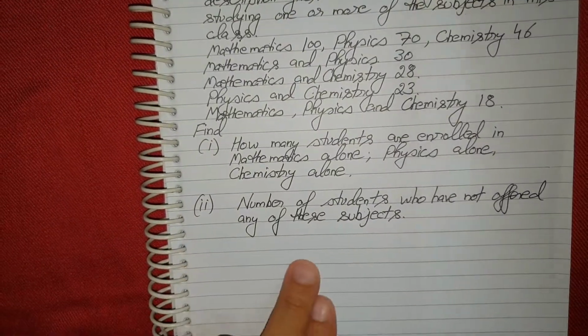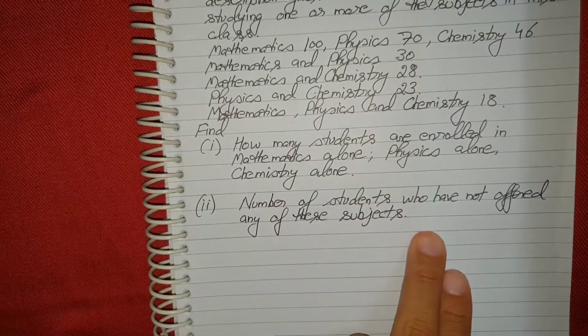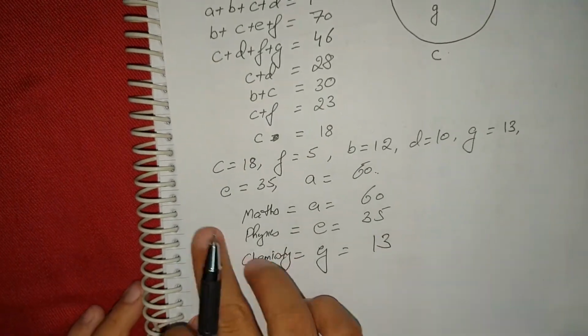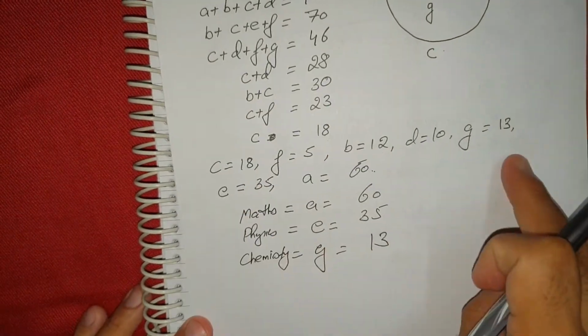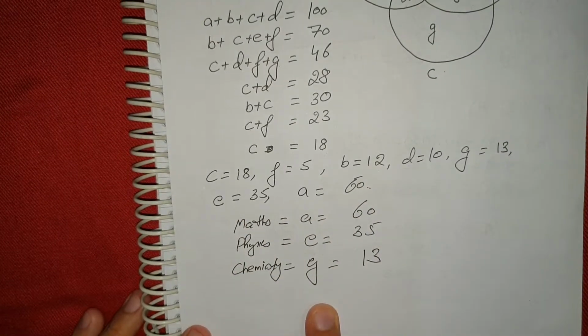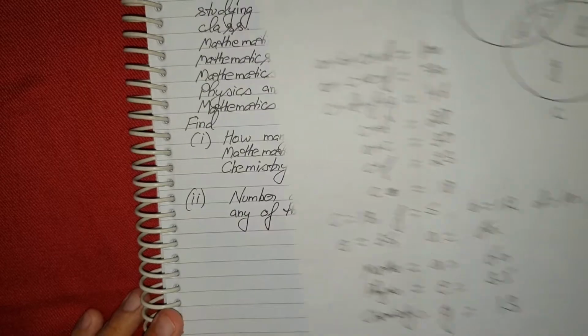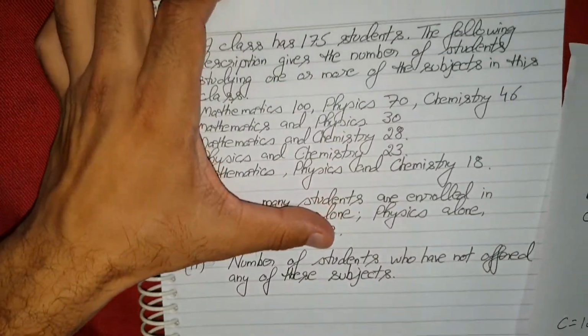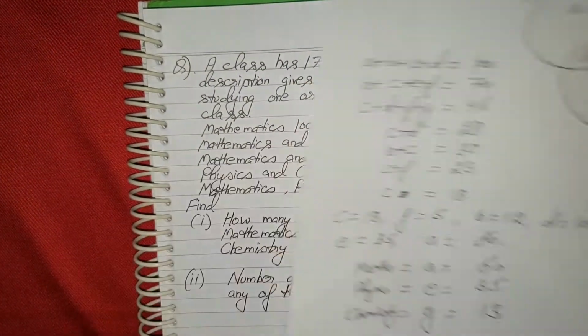Number of students who have not offered any of these subjects. So basically you take the sum of all of these, A, B, C, D, E, F, G, and subtract it from the total number of students, which is 175.